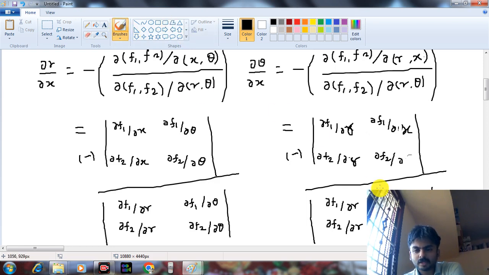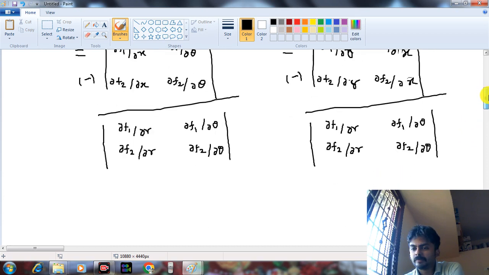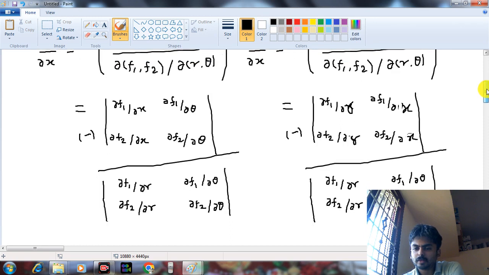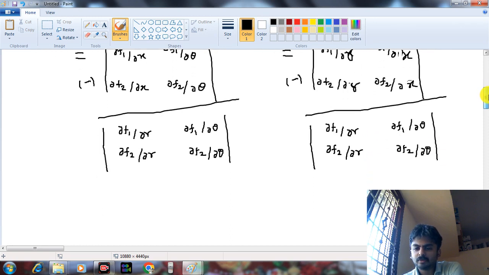So we are having ∂f2 by ∂x divided by (r, theta). For (r, theta), the denominator will be the same.